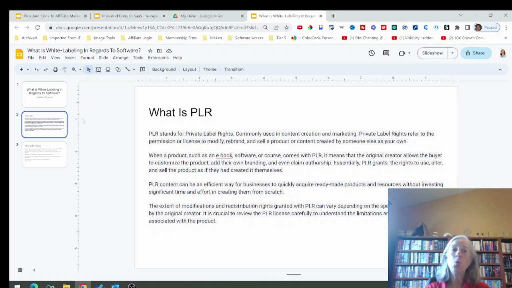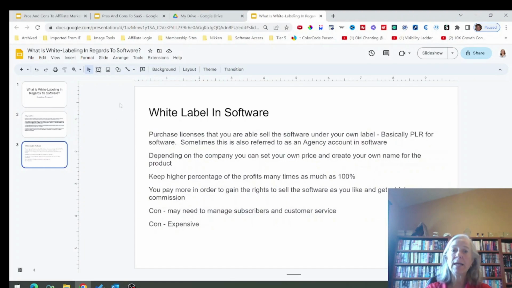So basically, white labeling a software is where the software has already been created, and you as the buyer are purchasing a certain number of licenses or purchasing the permission to put your own name on it, label it for yourself, possibly sell it for different amounts, give away free product, things like that.